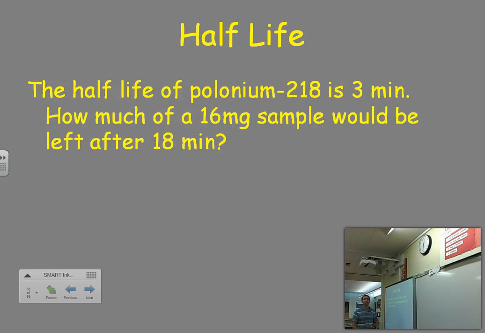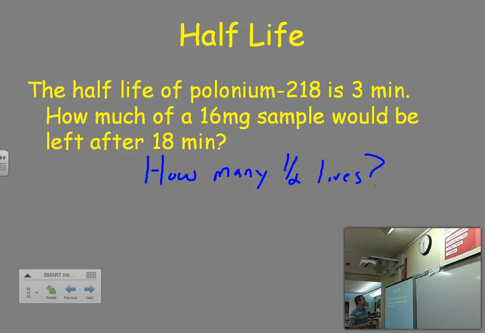And last but not least, we talked about half-lives. Remember, the key to half-life problems, to unlock the mystery of these, is to figure out how many half-lives have taken place. So let's even write that down as a question. How many half-lives? So I read the problem. It says the half-life of polonium-218 is 3 minutes.